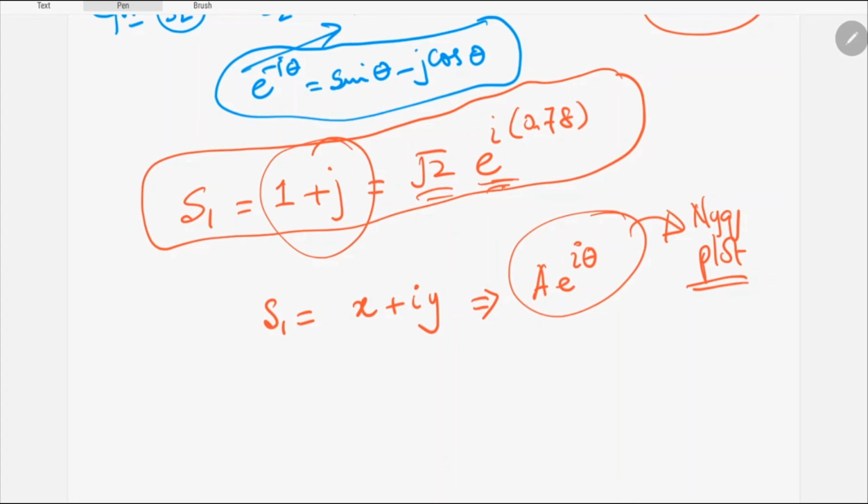To understand how the Nyquist plot will behave at infinity, this form of representation serves a very good purpose, because the magnitude is straight away shown with the help of a.